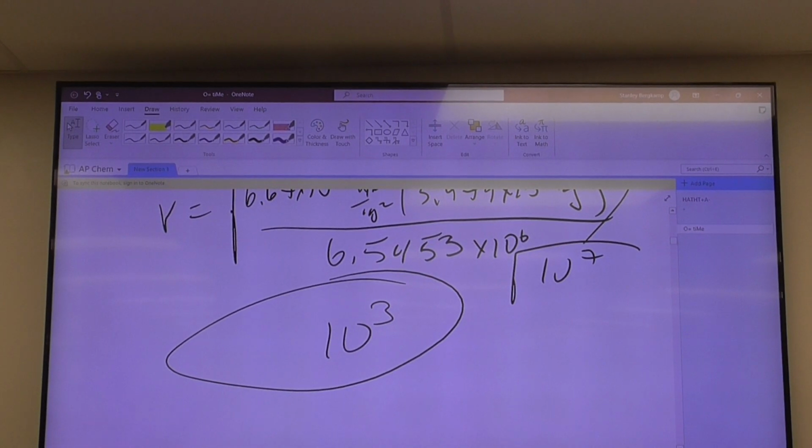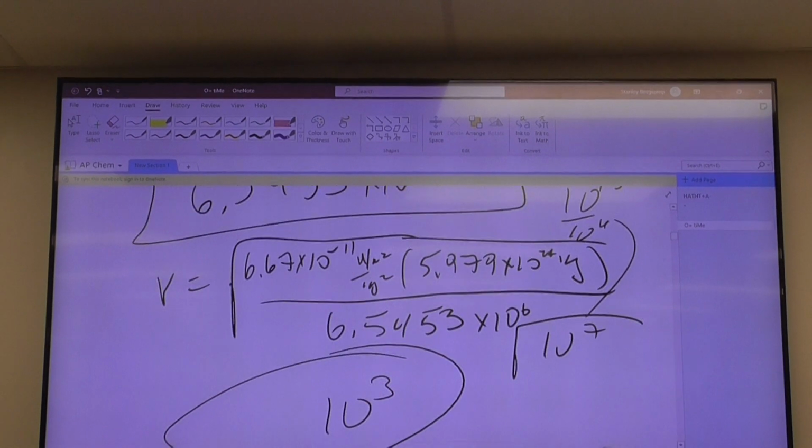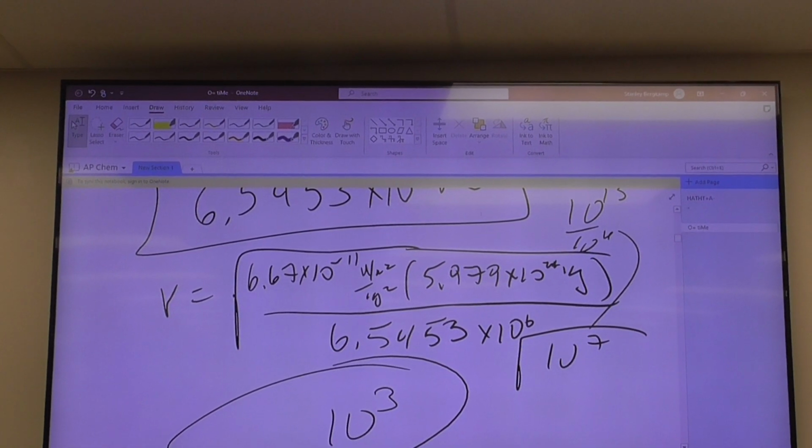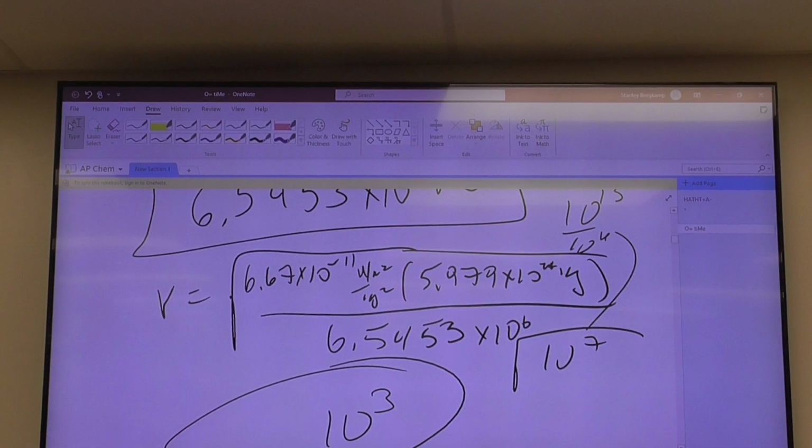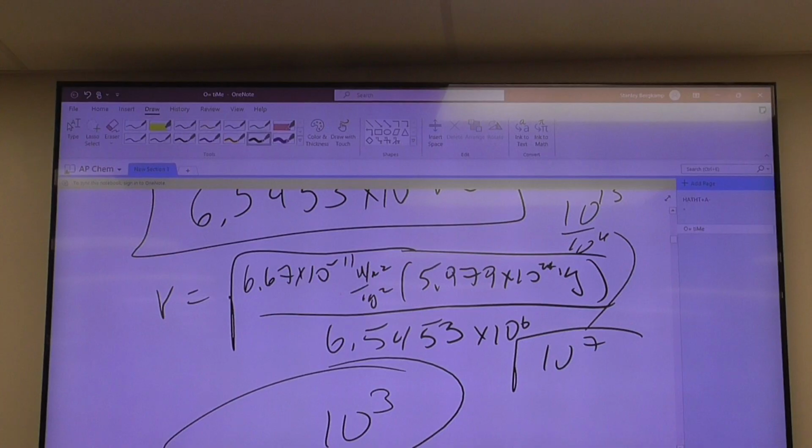Now, trust me. Do this calculation. Make sure you know how to use that calculator and make sure your numbers are stored correctly. So right now, I would highly recommend get out that calculator. Make sure you can take big G times the mass of the Earth divided by 6.5453 times 10 to the 6th, and then take the square root of that.